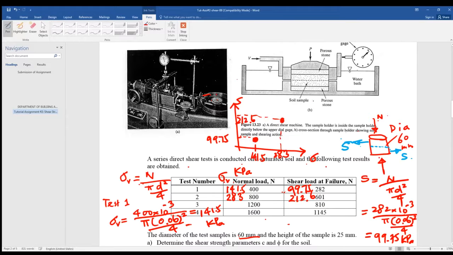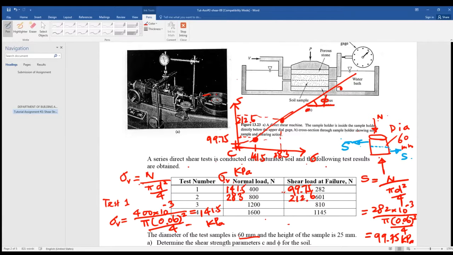So you've got test 1, test 2, test 3, and test 4. You draw a straight line passing through the points. Of course, there should be a C and also phi.